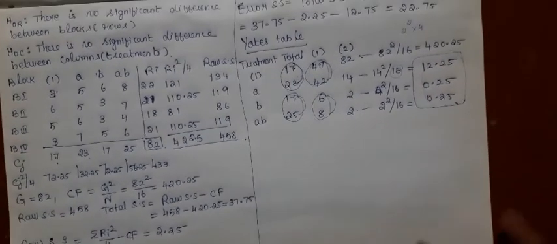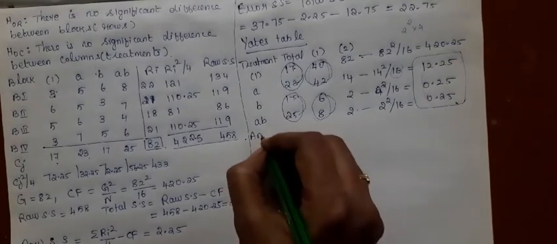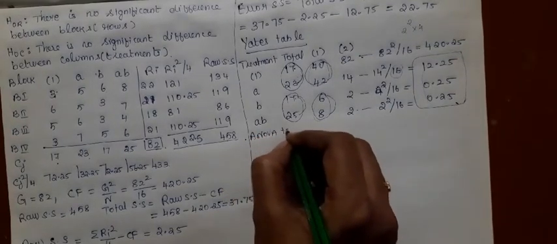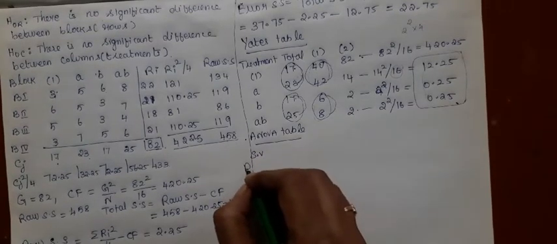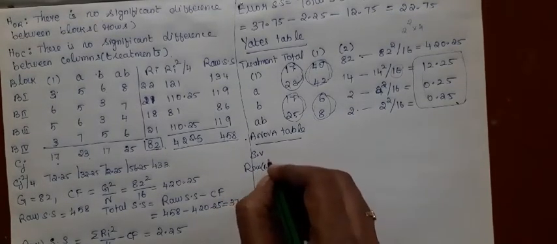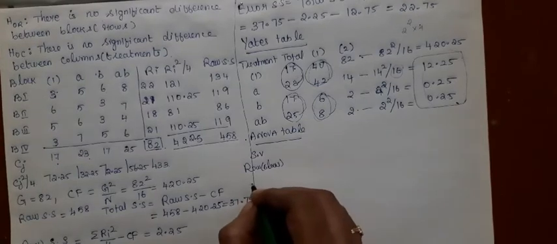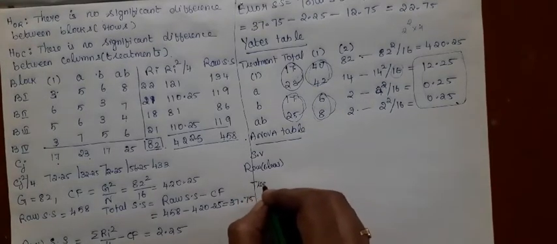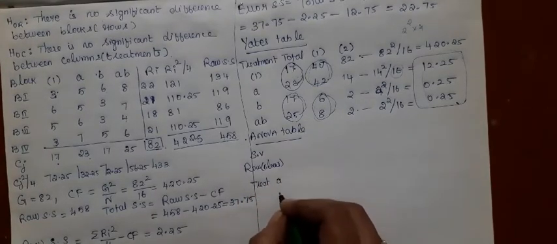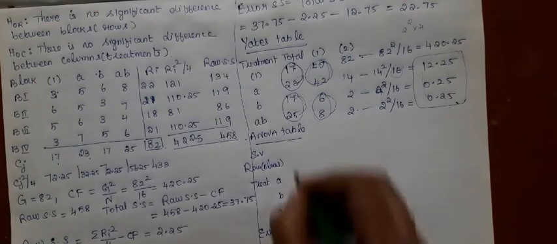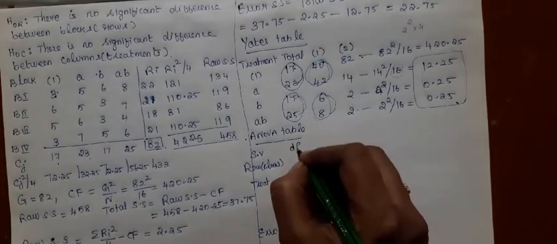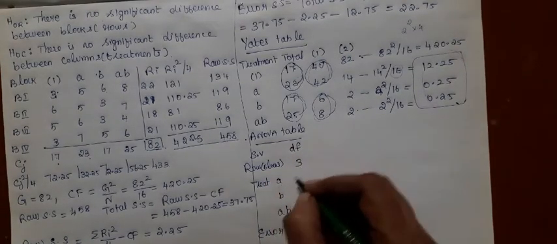Now after this, let us frame the ANOVA table. Source of variation: row, which is actually blocks, and treatments A, B and AB, error, total. Degrees of freedom, you have 4 rows, 4 minus 1 is 3.